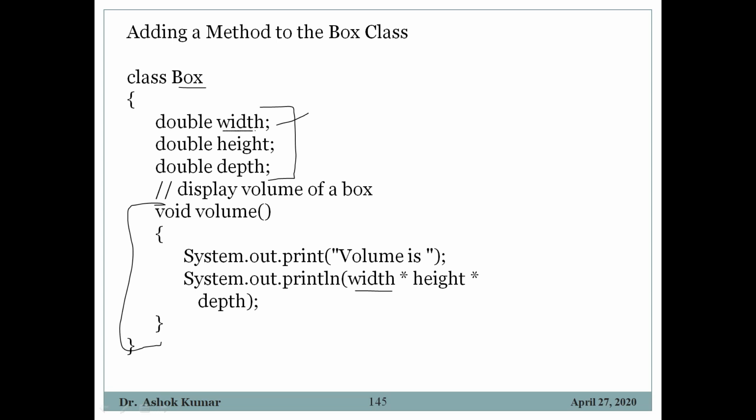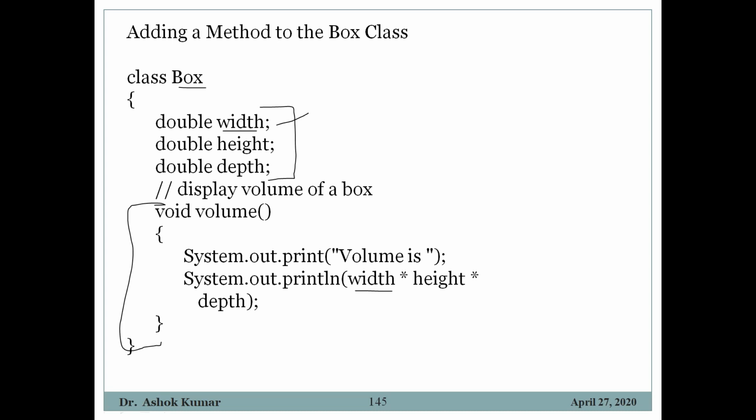What this volume method is doing is printing the result of width into height into depth on your screen when it is called. How we can call it is the important point. This is the class now, and this class has variables as well as a method in it.